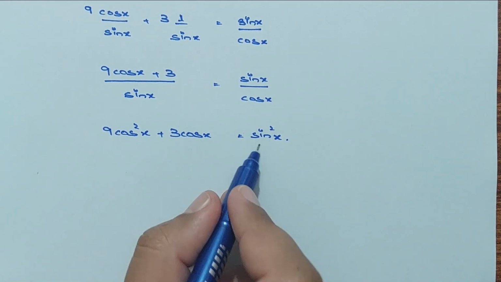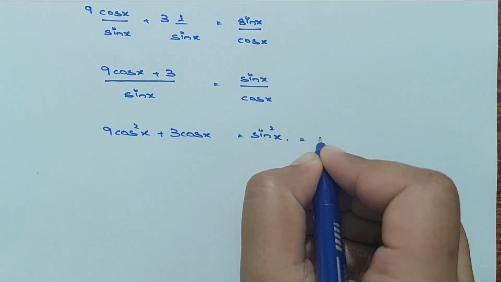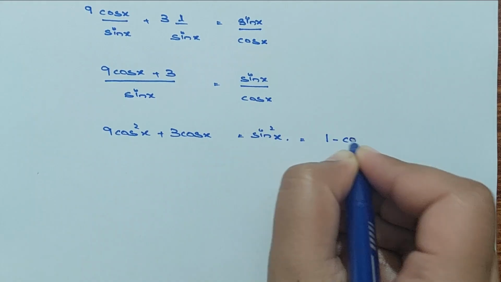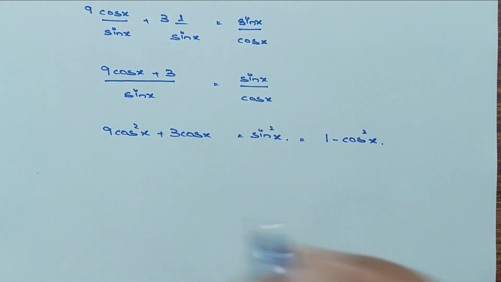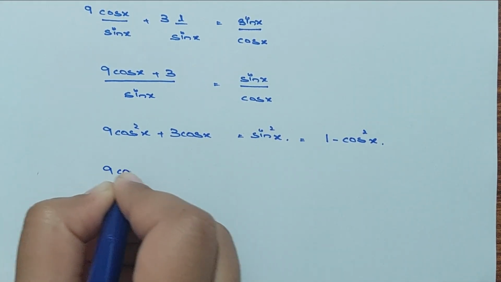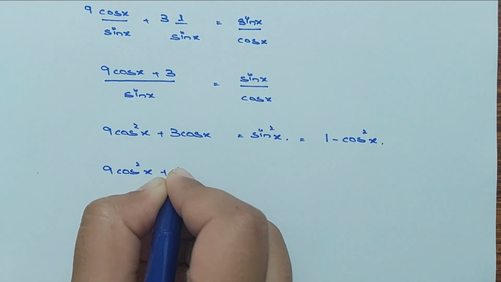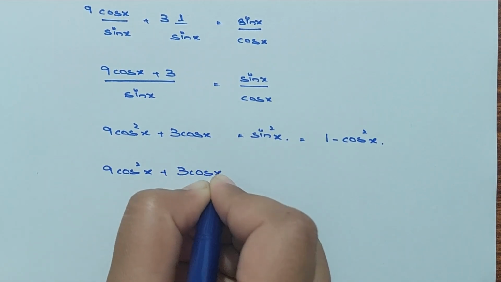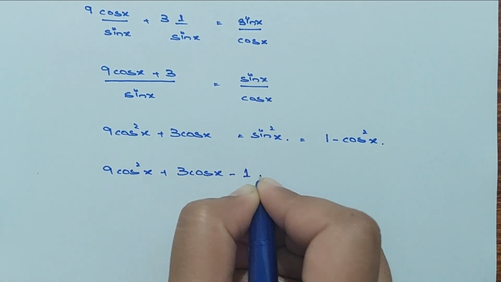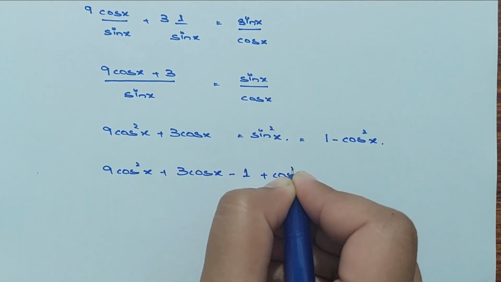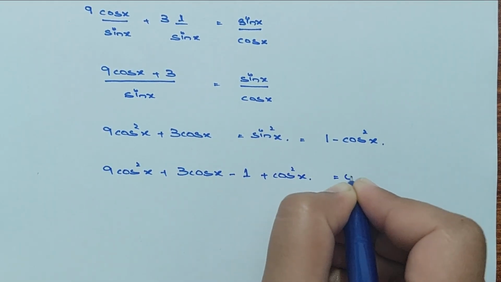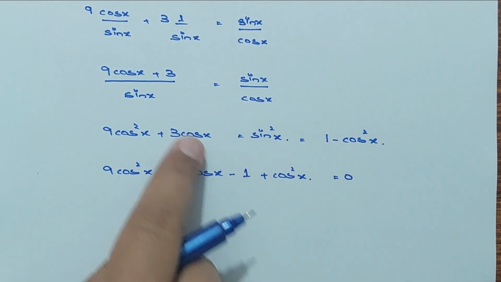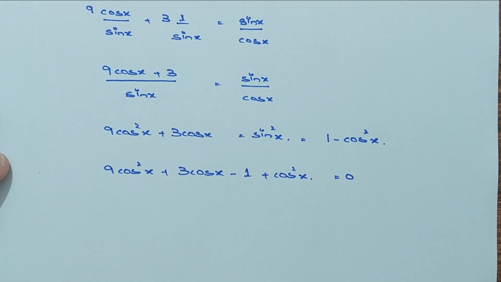Sine square of x is 1 minus cos square x. Right. So 9 cos square of x plus 3 cos x minus 1 plus cos square of x equals 0. I shifted 1 on the other side and cos square of x by changing the signs.